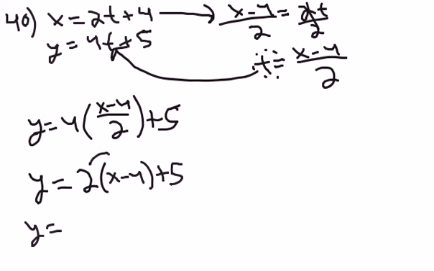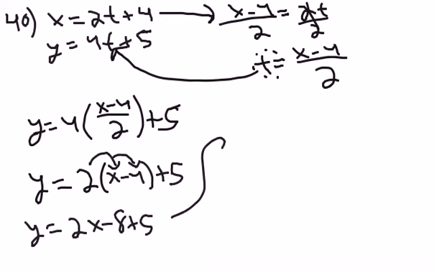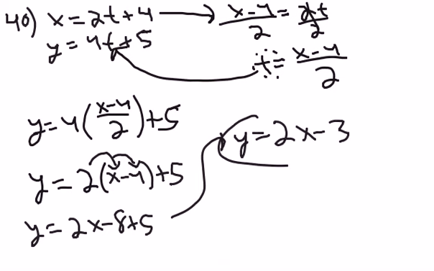Distribute the 2. And then combine the negative 8 and the 5 to get this as your final answer. Okay, so there's number 40. And we'll stop with this video with number 41.